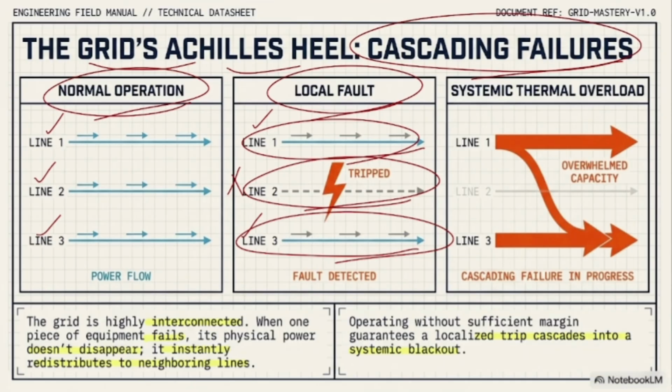But not only your device is going to be disconnected, other devices that are connected to your device too. As you remember, the grid is interconnected, some kind of interconnected wires, interconnected cables. So if we have pressure on one side, the other side is also going to feel the pressure. If that one is down, the pressure of the whole system is going to be transferred to another one.